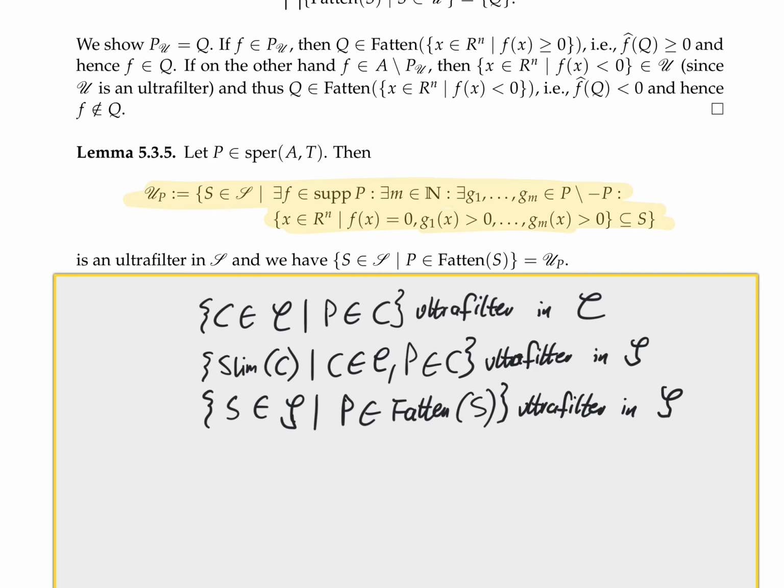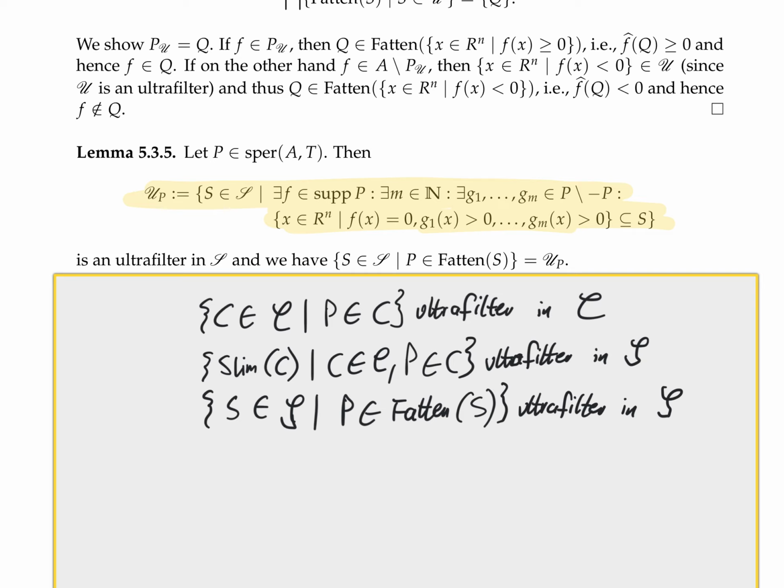So you could say, take some system of an equation and strict inequalities that's satisfied by the point P, right? I mean, f hat of P is 0, clearly, and g_1 hat of P is bigger than 0, and so on, right?